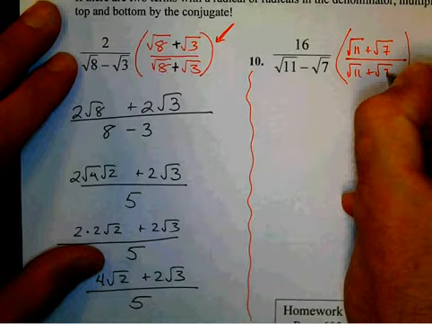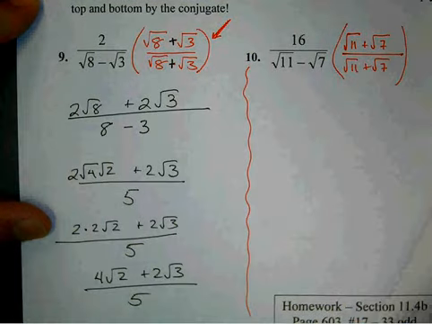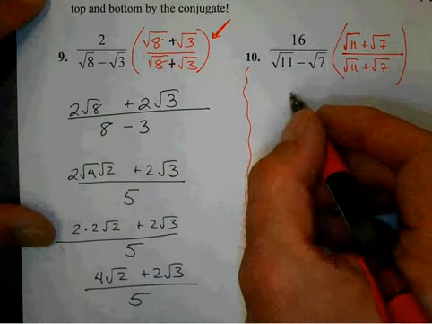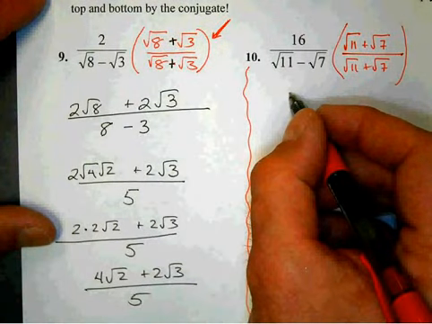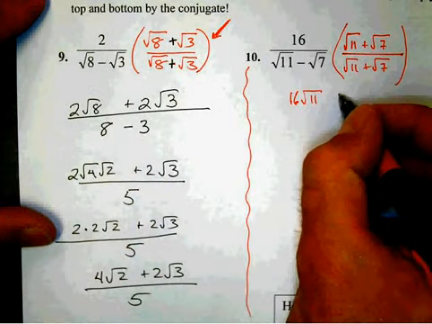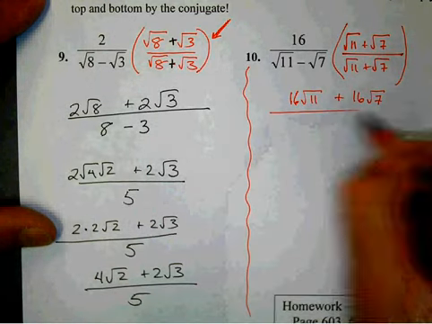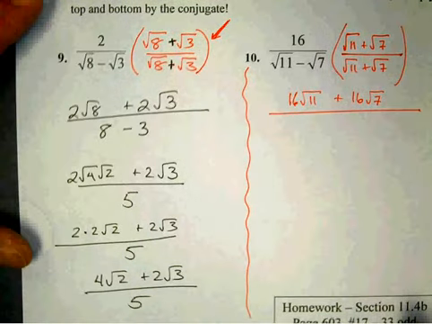All right, going from there. John or Justin, what's the top become? Good. 16 root 11 plus 16 root 7. Justin, give you the easy one.